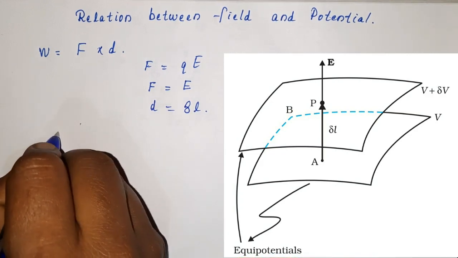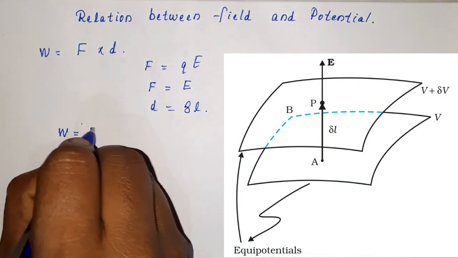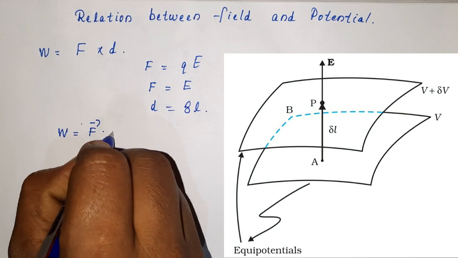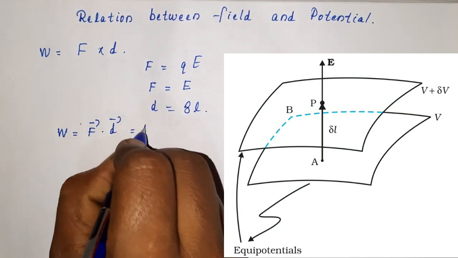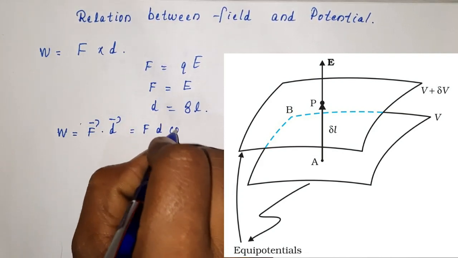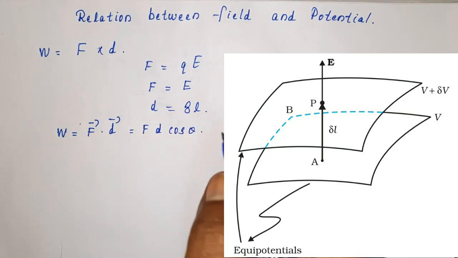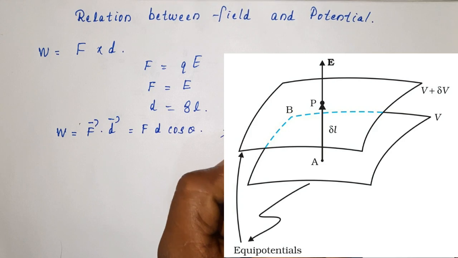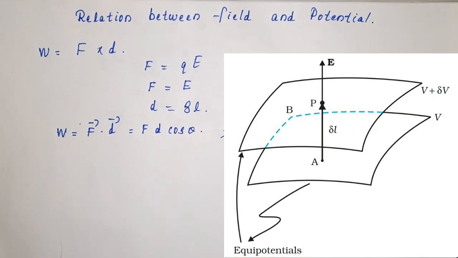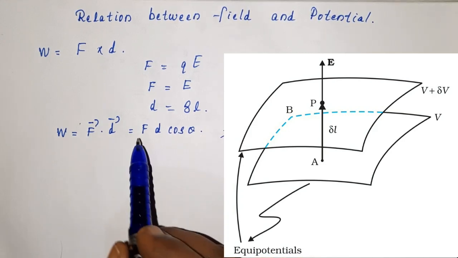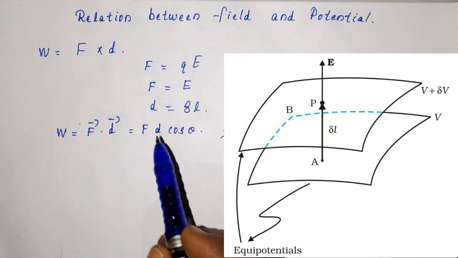When we write the vector equation, W equal to F dot D, it is actually F D cos theta. Here force and displacement are in the same direction, so theta equal to 0. Both are in the negative direction.